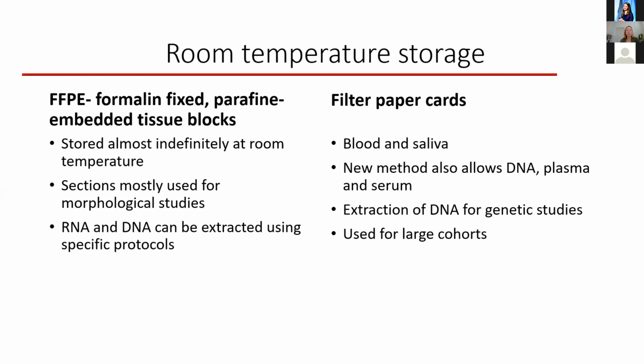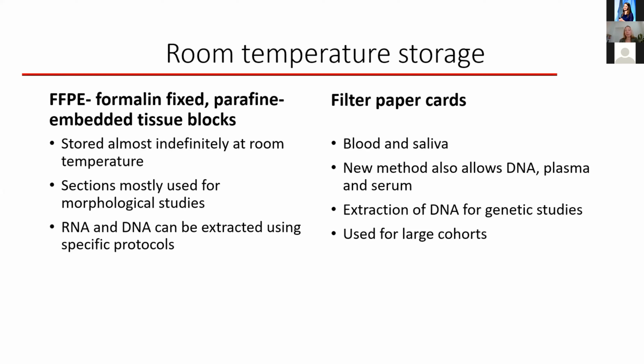So if you want to use historical samples, they are normally in this format. Nowadays, it's possible to extract RNA and DNA from these tissue blocks, which is very good if you have an old sample collection which only contains this storage type.